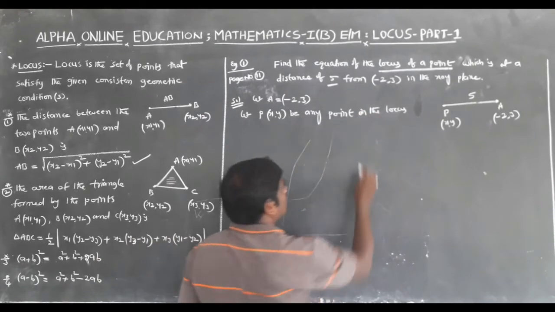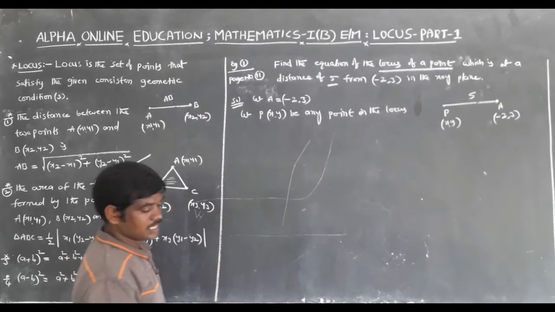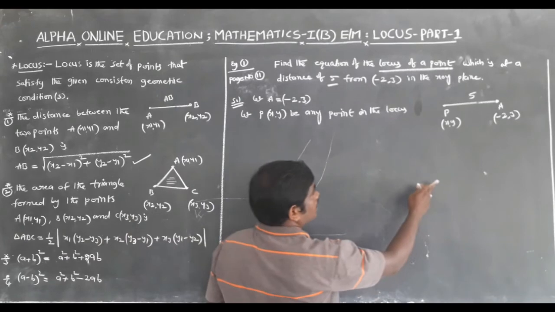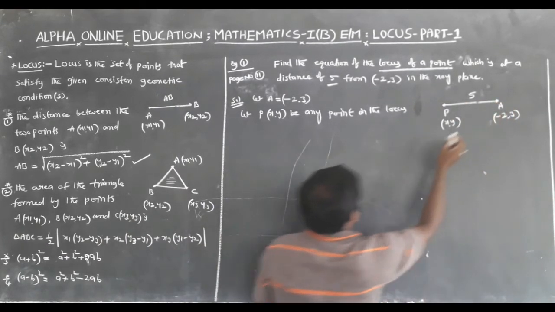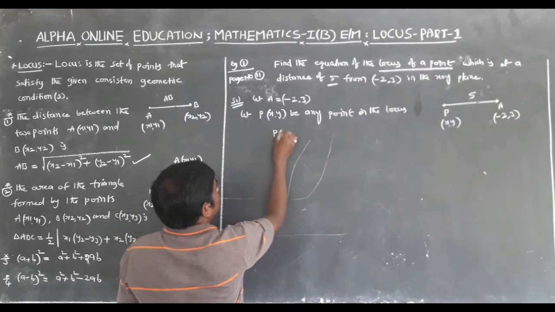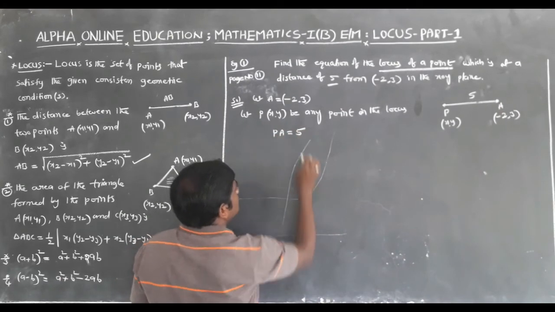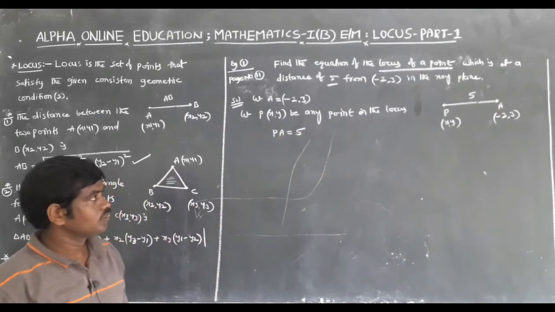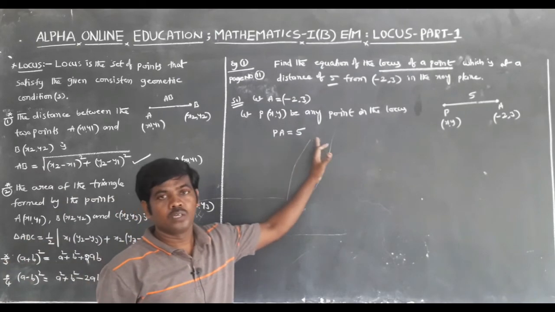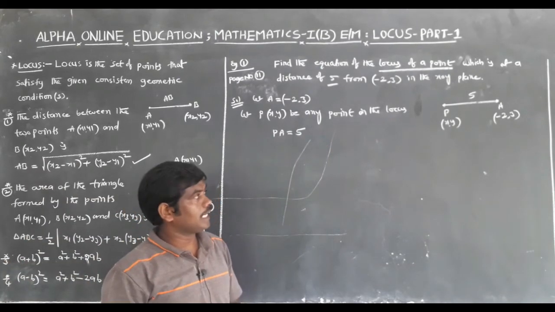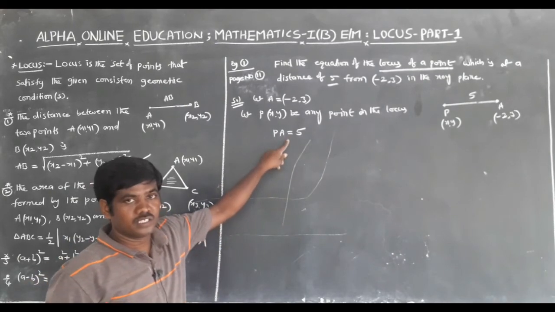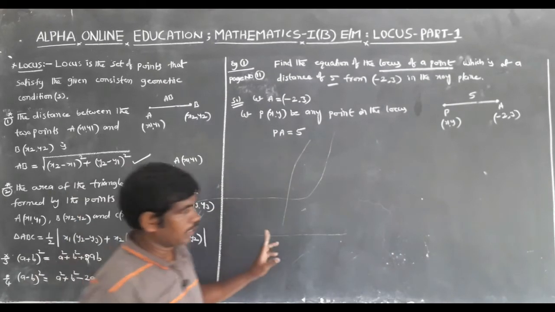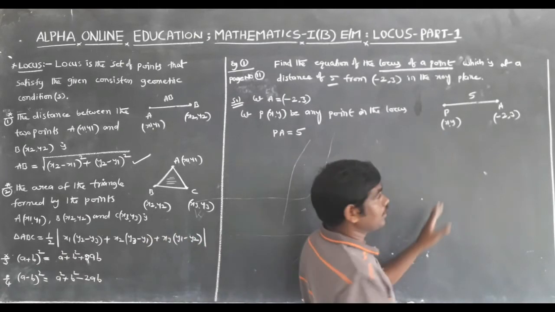The given geometric condition is that the distance between the two points P and A is equal to 5. PA means the distance between the points P and A.